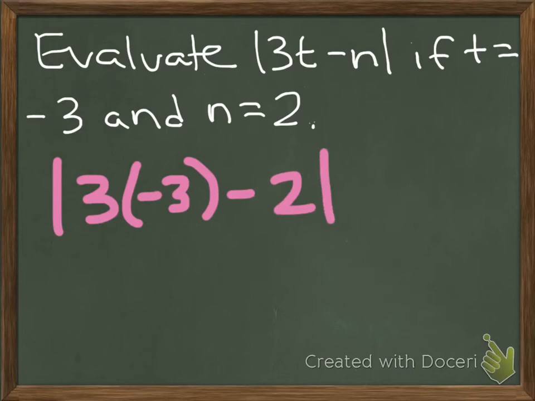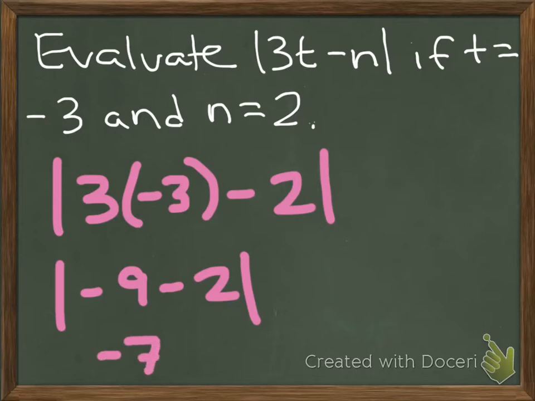So we're going to multiply to get -9 minus 2. And we have the absolute value of this, so -9 minus 2 is -11. And the absolute value of -11 then would be +11.